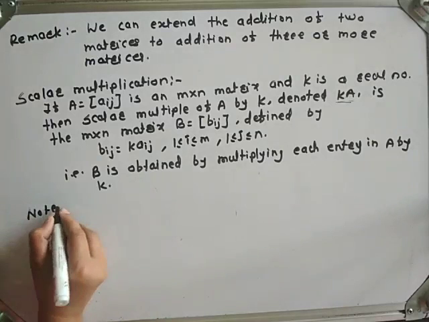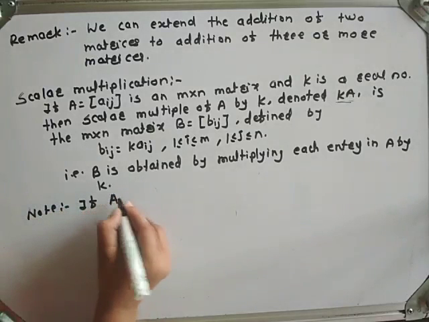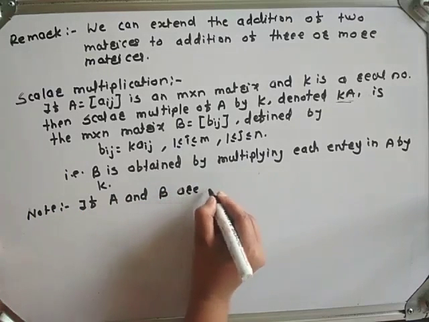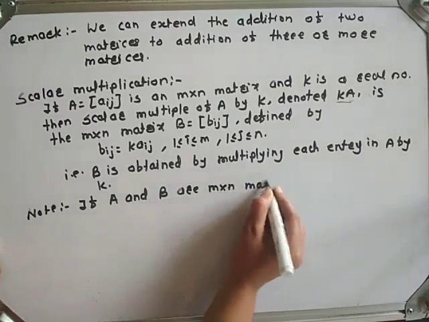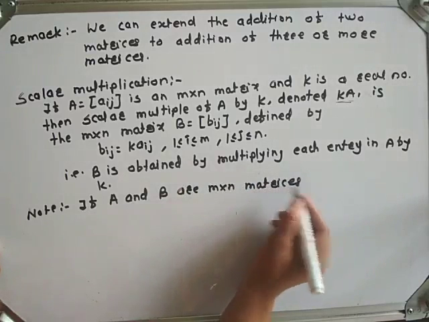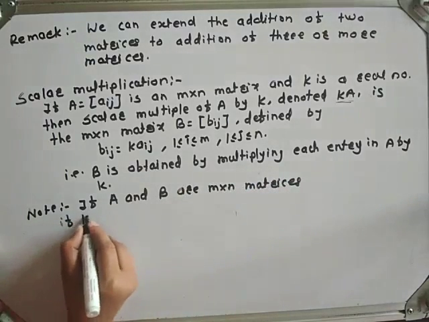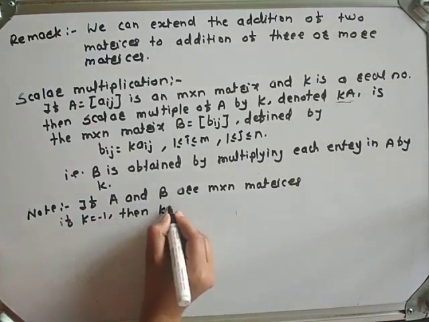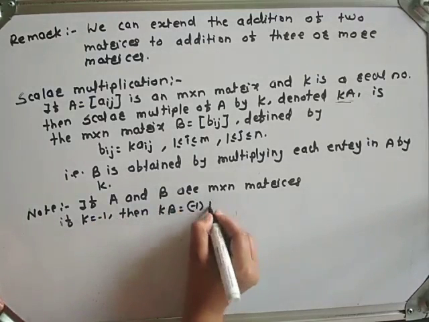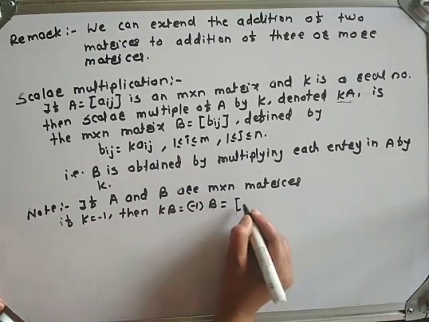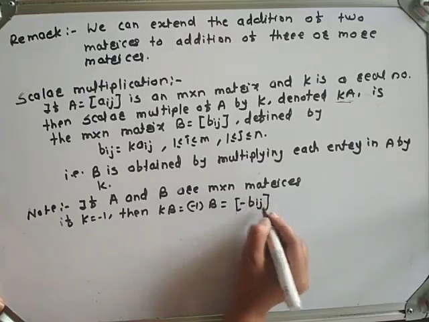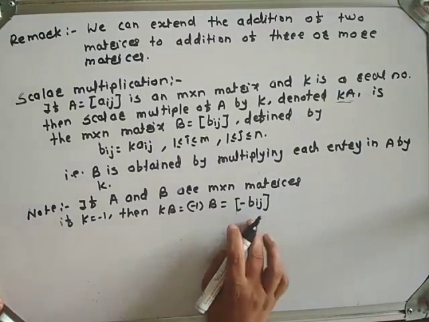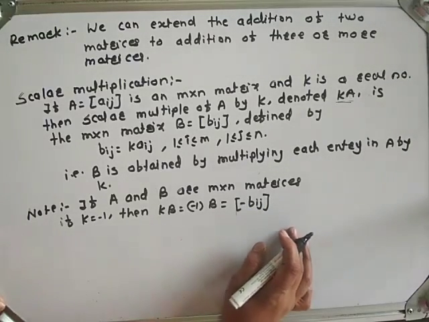Write down one note. If A and B are m by n matrices, if K is equal to minus 1, then K into B is equal to minus 1 into B, which is equal to matrix minus Bij. That is, multiply each entry in B by minus 1.